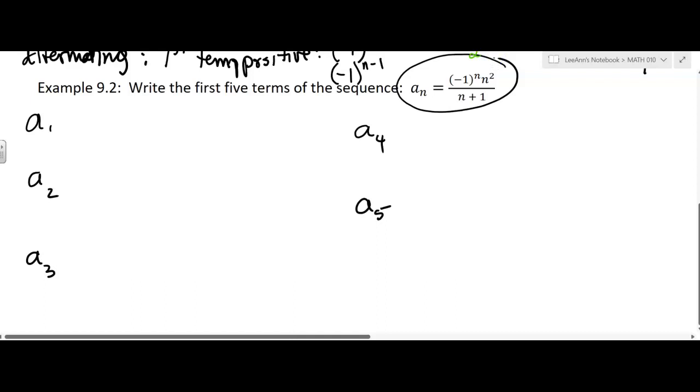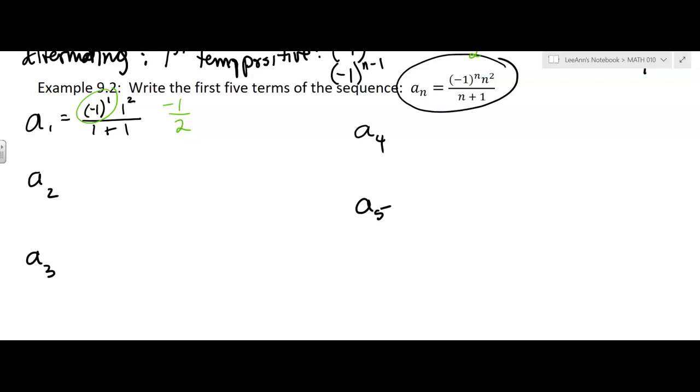Look at all the n's in there. Well, for the first term, all those n's are going to be 1. So I'm going to have negative 1 to the first power times 1 squared over 1 plus 1. That's going to be negative, and 1 squared is 1, so I've got in the numerator negative 1 over 2. So that's the first term.